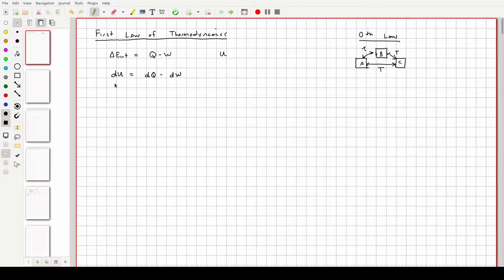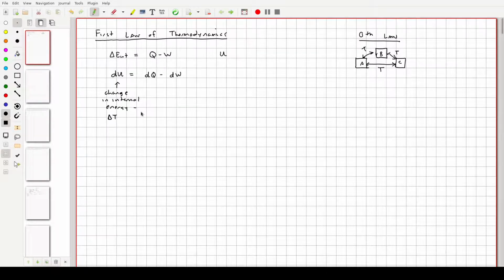Now let me define what these things are. This is the change in internal energy. Now, what do I mean by that? Well, you can change the temperature.